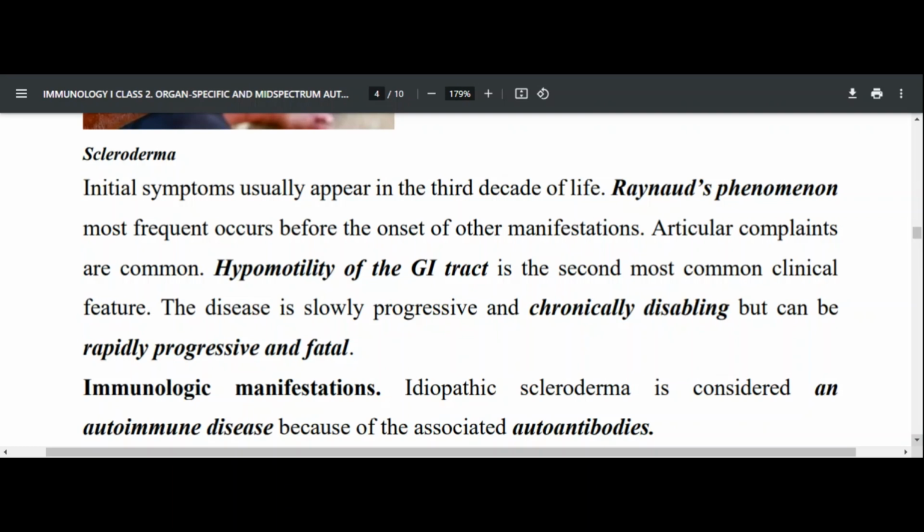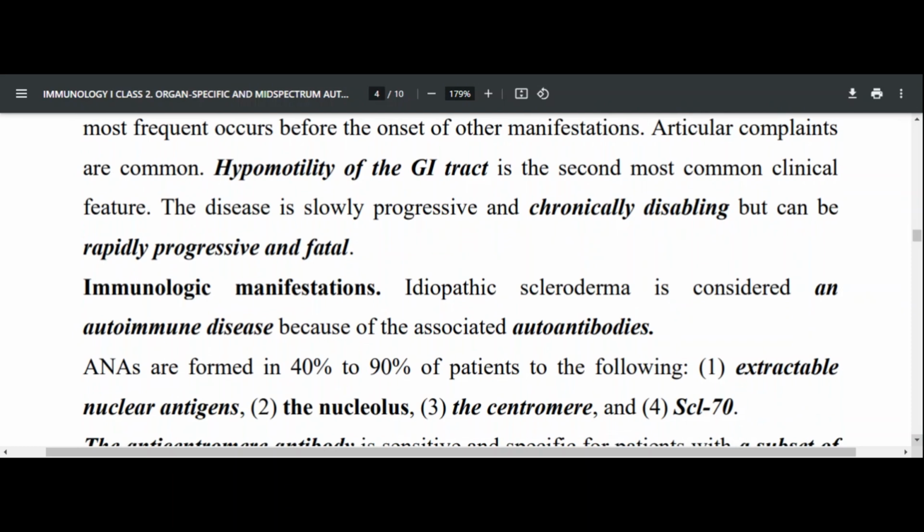Now, immunologic manifestations in scleroderma can also be a tricky question you should expect. Idiopathic scleroderma is considered an autoimmune disease because of the association with autoantibodies. Antinuclear antibodies are formed in scleroderma in at least 40 to 90% of patients.